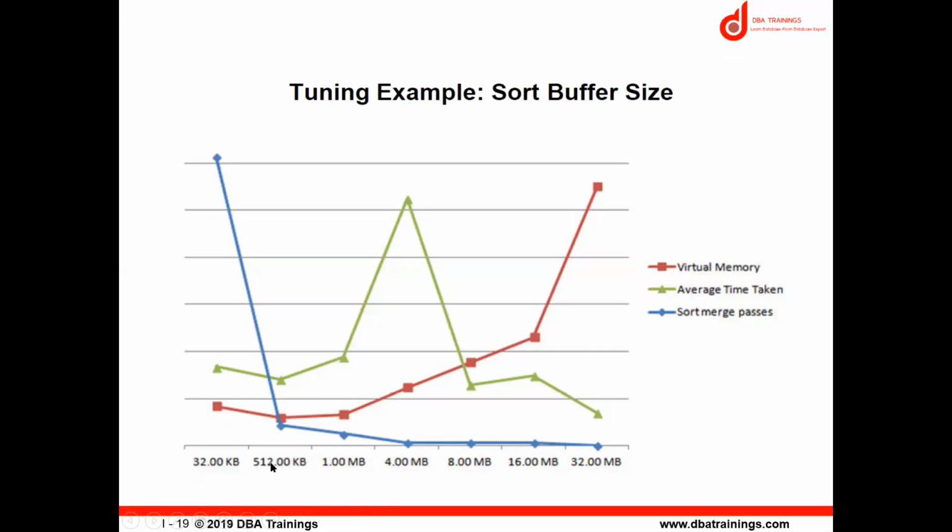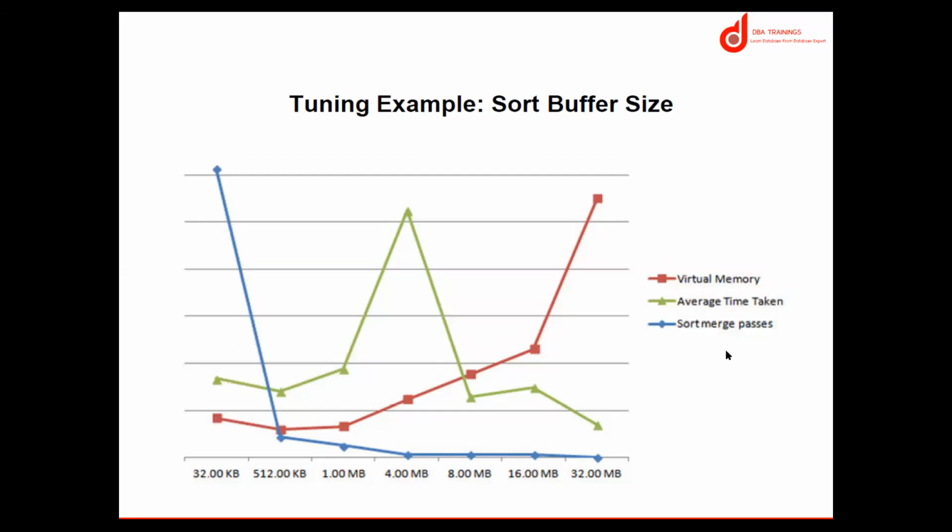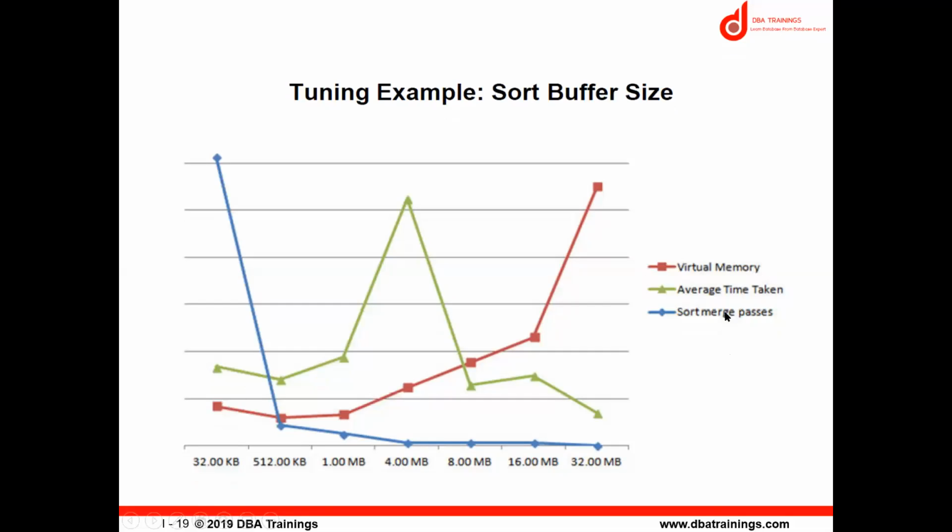It is 32 KB. Instead of that, if you go with more sort merge passes, how does my performance get impacted? You can see this is my sort merge passes, the blue line. Are you able to see how it reduced?